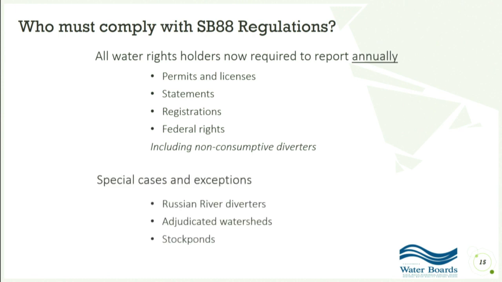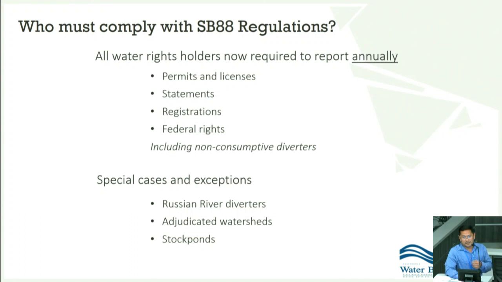There are 3 special cases and exceptions, such as if you are a diverter in the Russian River watershed, or you're in an adjudicated watershed, or you have a stock pond, please see one of our staff later if you still have questions about this.